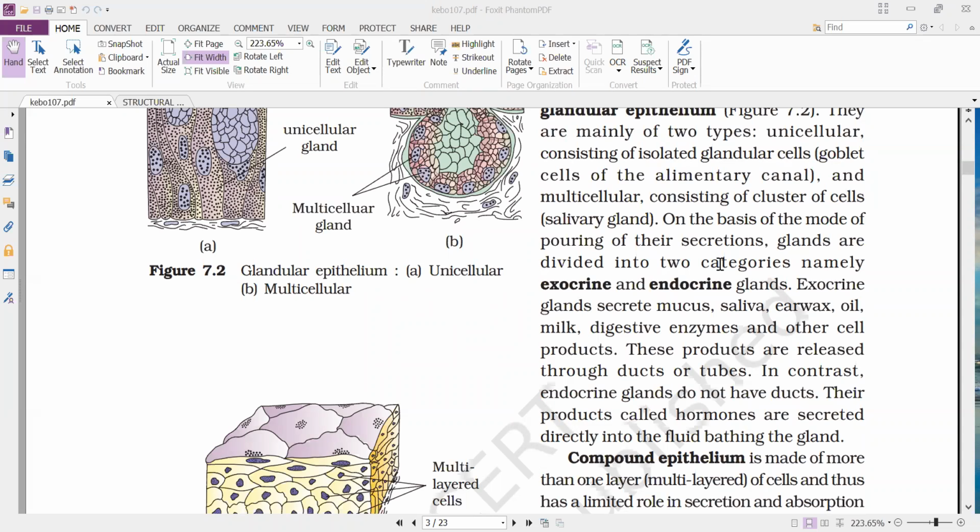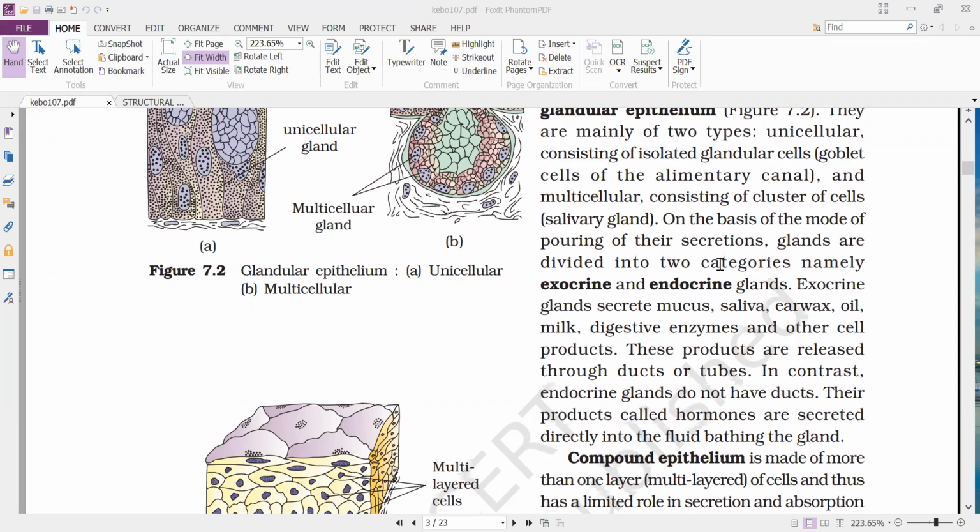Exocrine glands secrete mucus, saliva, earwax, oil, milk, digestive enzymes, and other cell products.